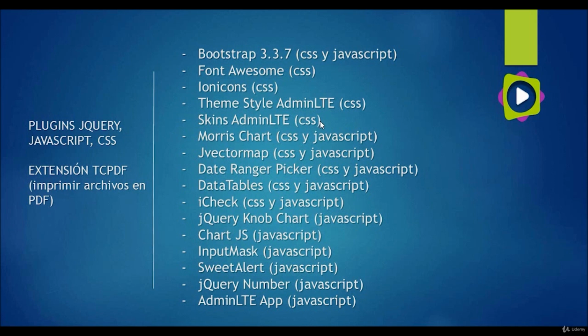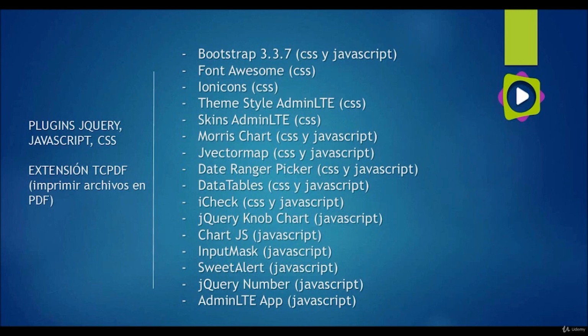There is a Morris chart plugin where we need to use the CSS and JavaScript files for graphs. The next plugins have their official page where you can check how to use them. Let's check.